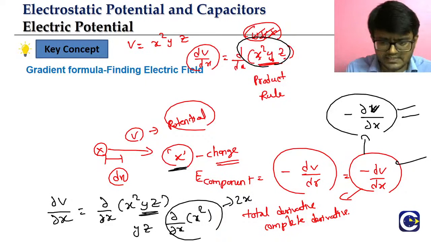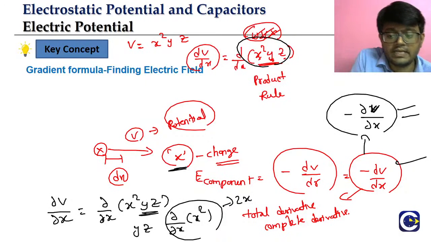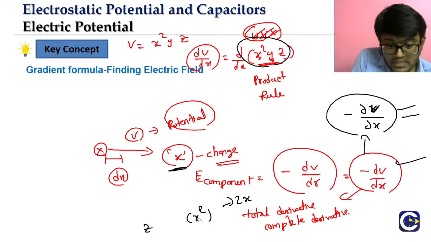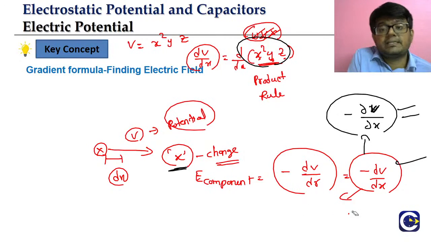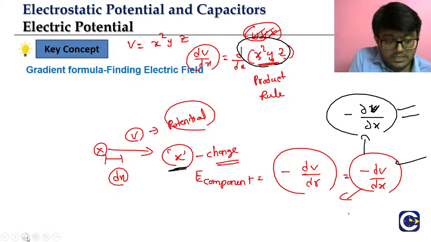That's the only difference. In normal derivative, we treat all of x, y, z as variables. But in the partial derivative concept, if you are taking the partial derivative with respect to x, then only x is treated as a variable.